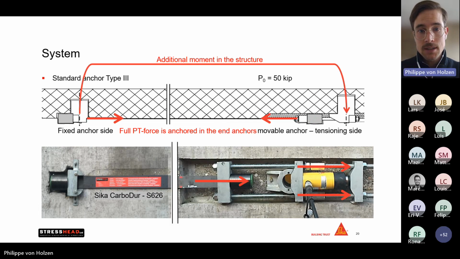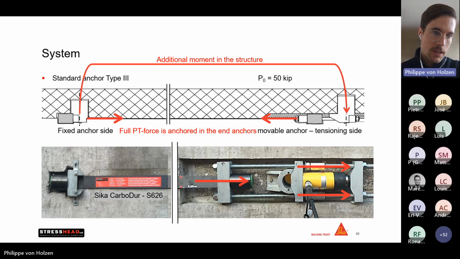Now for tensioning the system itself, as we can see, we install a standard hydraulic jack behind the movable anchor. Now by expanding that jack, we pull back here the head, which is fixed to those two threaded rods, which afterwards generates us this tensioning force in the tendon itself.